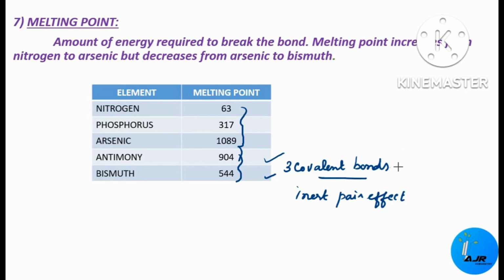That's the reason, because it forms three covalent bonds instead of five. Here inert pair effect plays a vital role, and it weakens the bond and leads to the lowering of the melting point of antimony and bismuth.